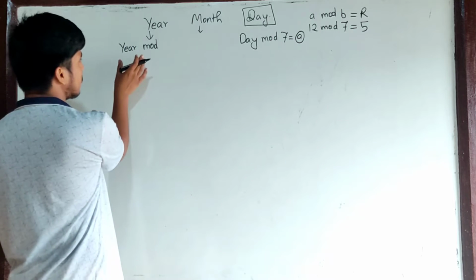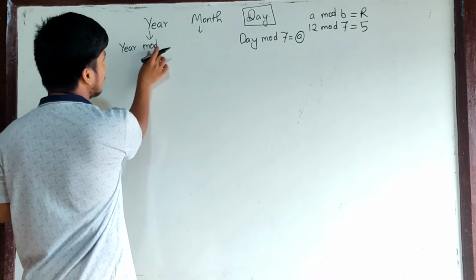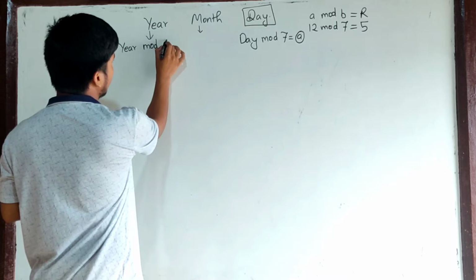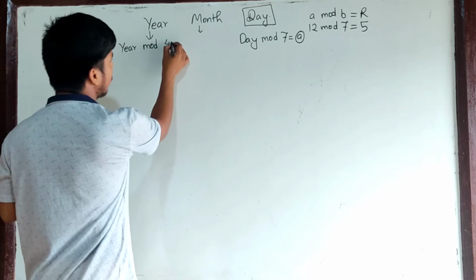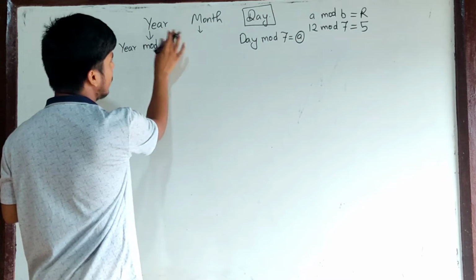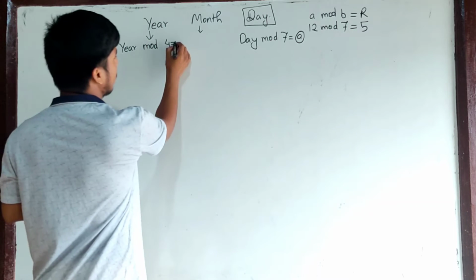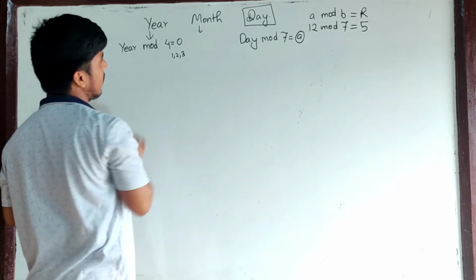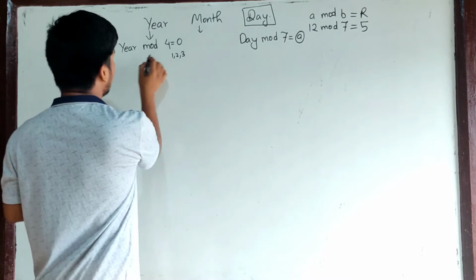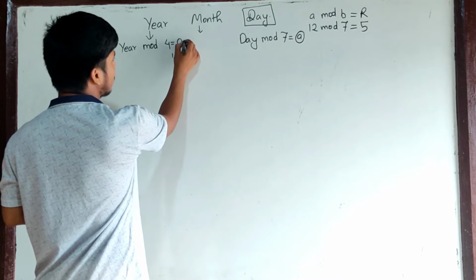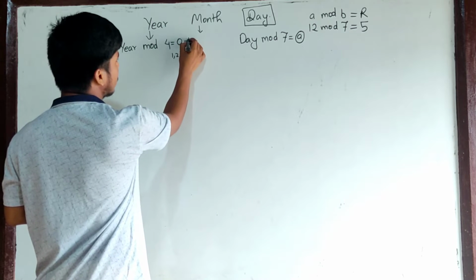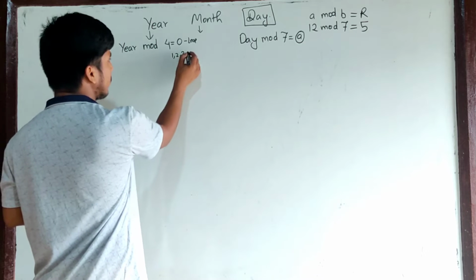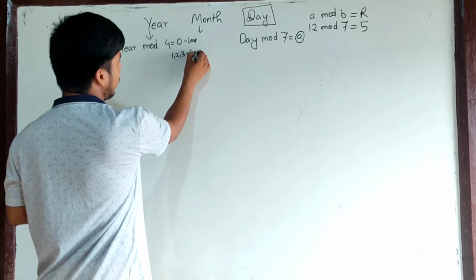If the year mod 4 gives either 0 as remainder or 1, 2, 3 as remainder, then if the answer is 0, the given year is a leap year, and if it's not, then the year is a general year.